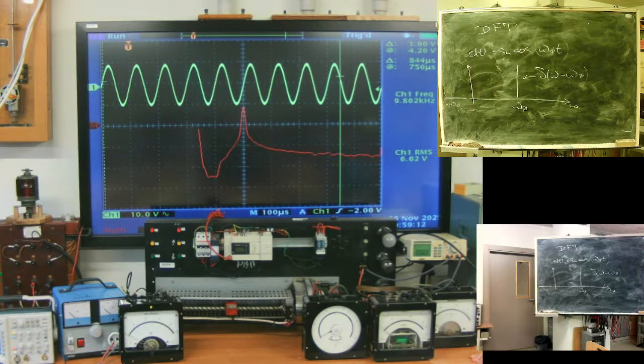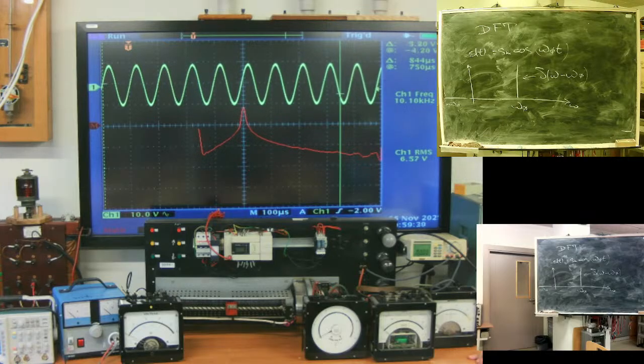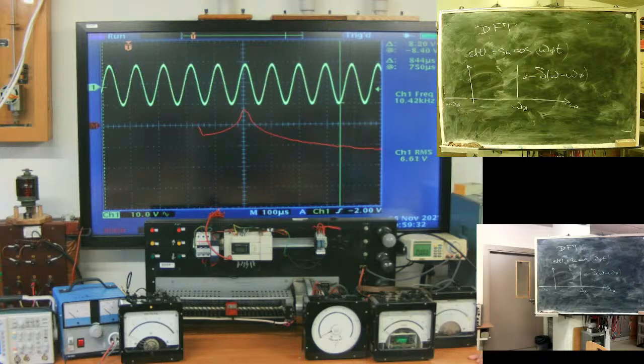One more. This is a good frequency. We see a quite narrow line. And here is an example of a bad frequency.